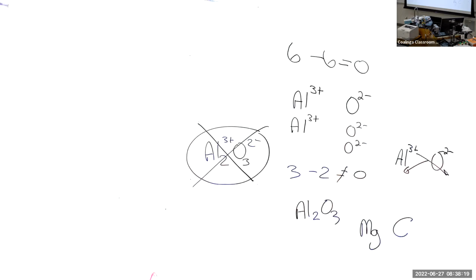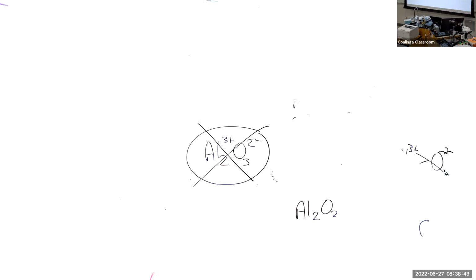Okay, so how would I write carbon and magnesium? What is the charge on carbon? -4. Okay.